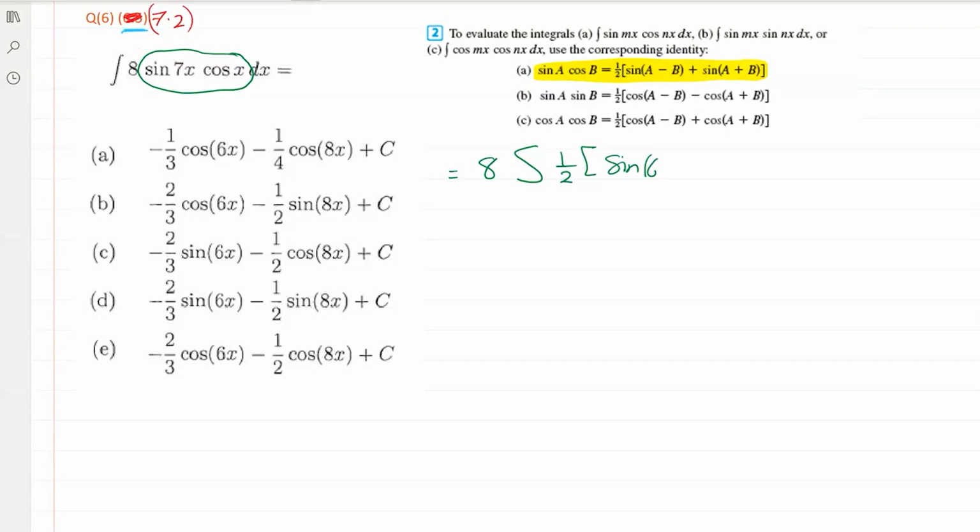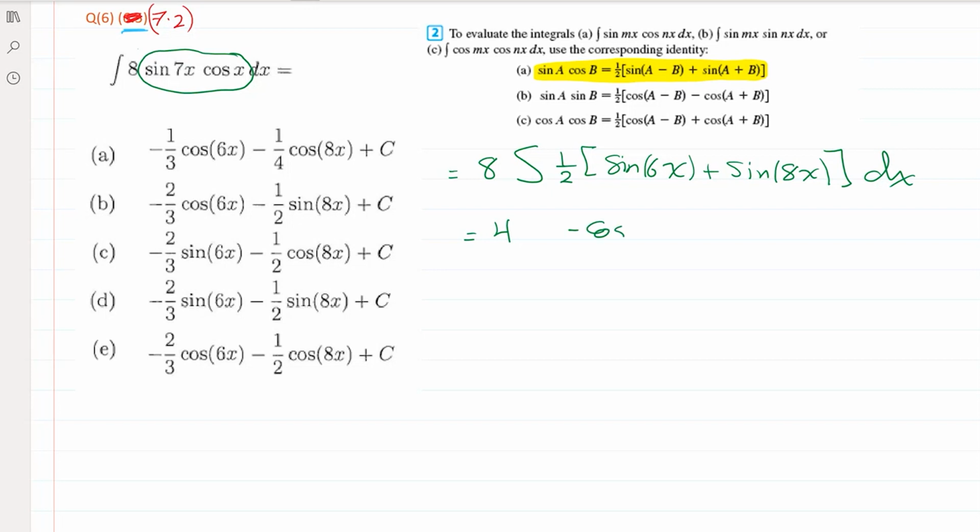See, if you remember the rule, it will be a piece of cake. The sum will be 8x dx. So this is the question. That's all. So it will be 4 times the integral of sine, which is minus cosine.